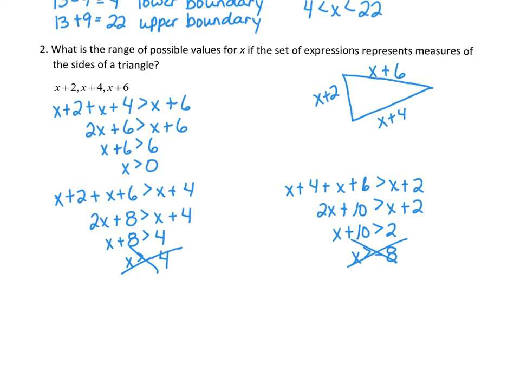As long as we pick any value greater than 0 for x, that will give 3 lengths that form a triangle. And you can go through and just try anything greater than 0. So even if we just put in 1, we would have 3, 5, and 7. And 3 plus 5 is 8, which is greater than 7, so it works. So our solution for this one is simply x is greater than 0.